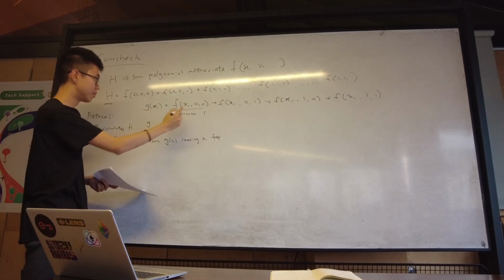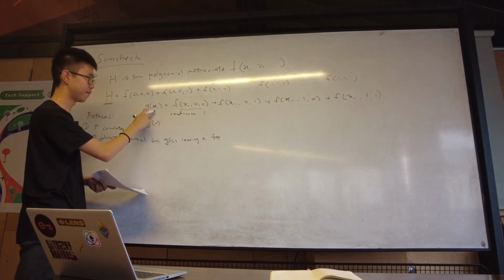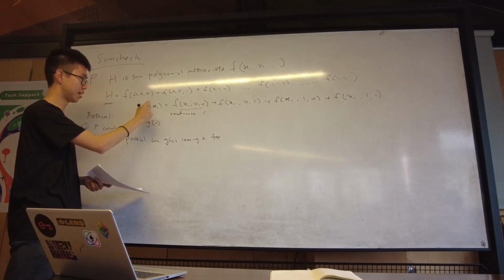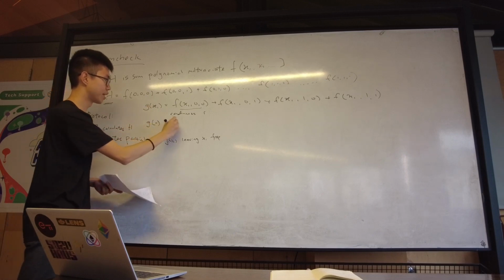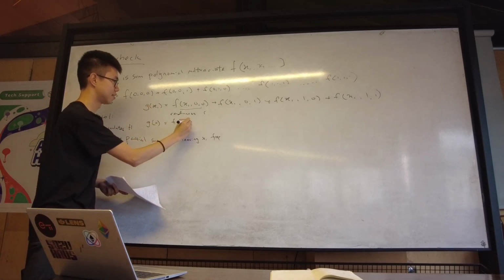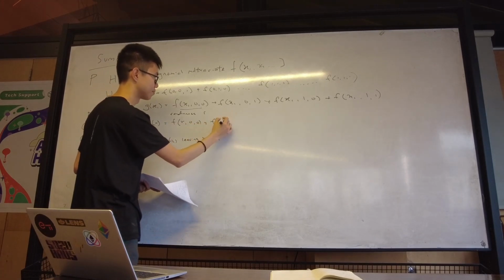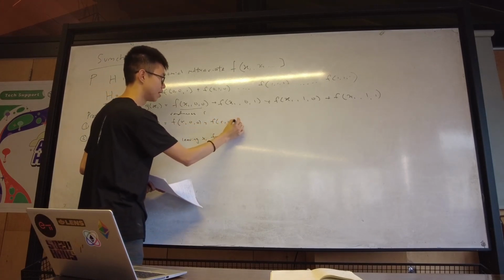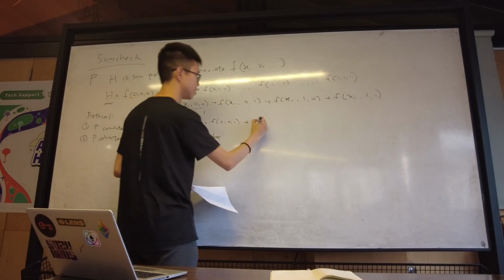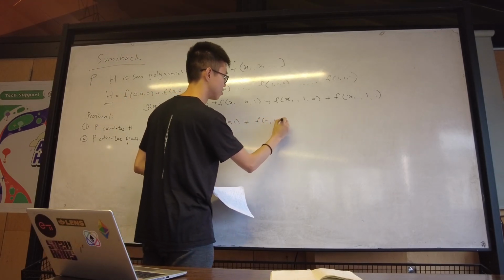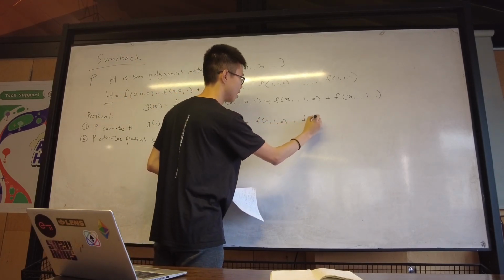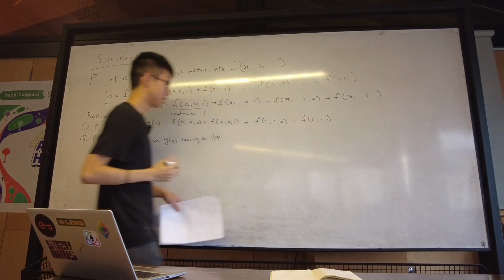We get this randomness R and substitute x1, and we get f(r,0,0) plus f(r,0,1) plus f(r,1,0) plus f(r,1,1).